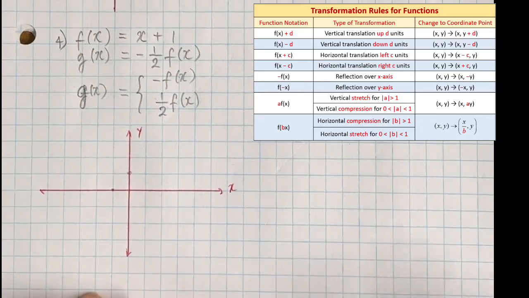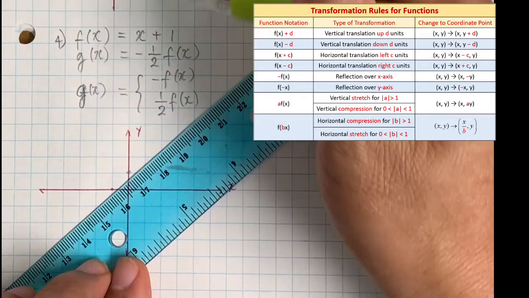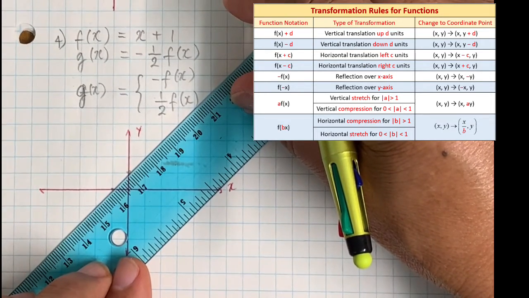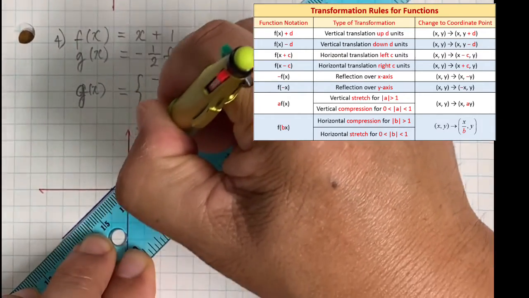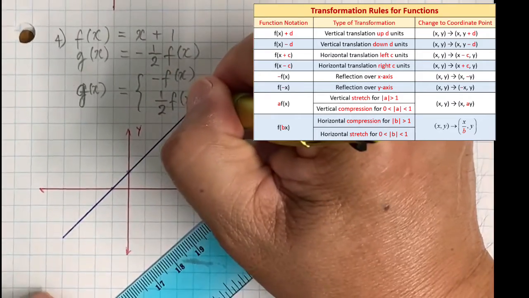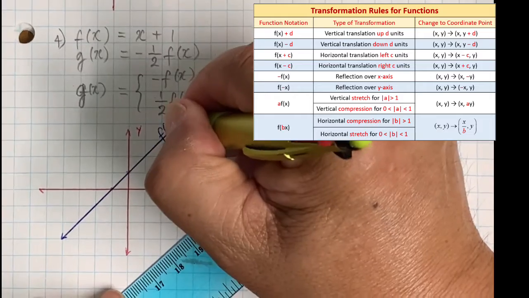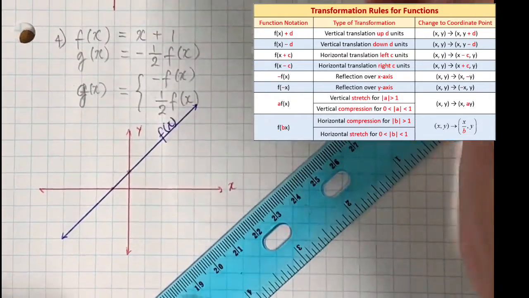So again, here's my f of x, okay? My f of x right here, which is x plus 1, the line x plus 1. So here's my f of x in blue, right? This is my f of x, okay?